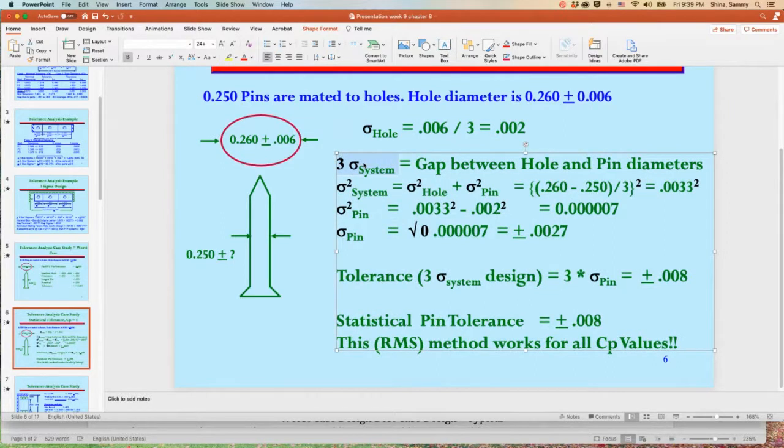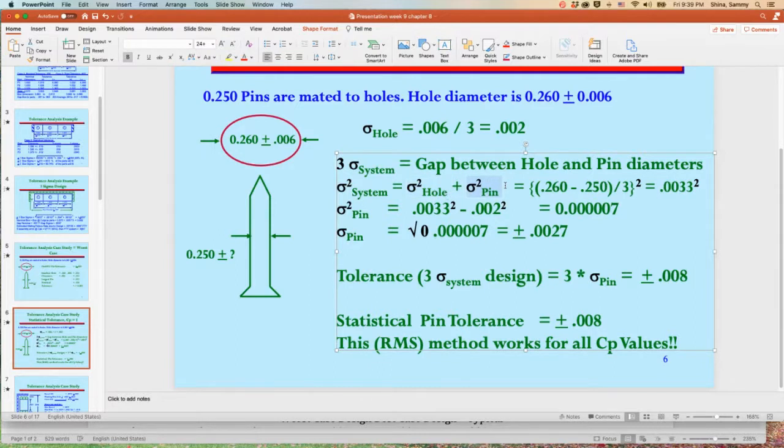Now, if we're going to try to balance the sigma of the system, because we already know what the sigma of the system is, because the sigma of the system is all the different sigmas, right? So we say the sigma squared of the system is sigma squared of the hole and sigma squared of the pin.